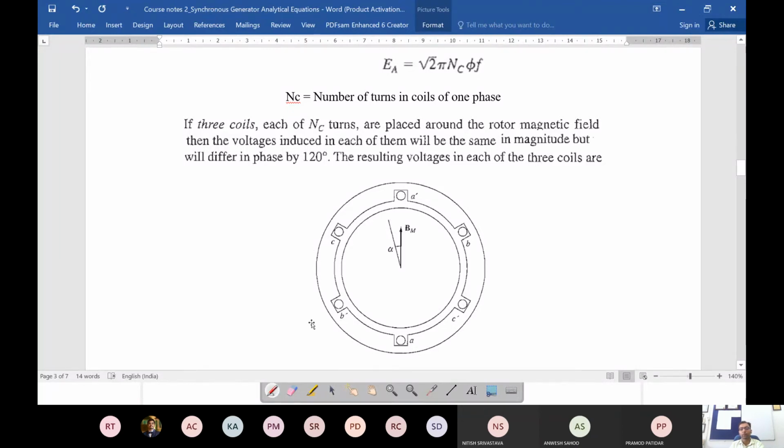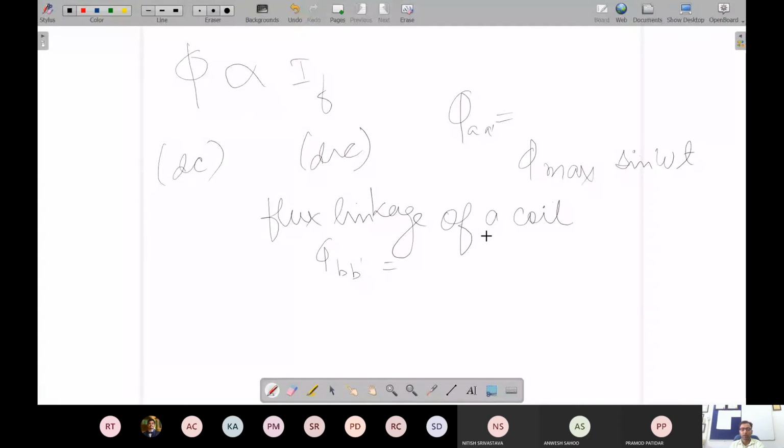So BB dash is 240 degrees ahead if you go from A to C to B, or, the other way you can say, 120 degrees behind in the phase sequence. So for phi BB dash, I can write phi max sine omega t minus 120 degree.